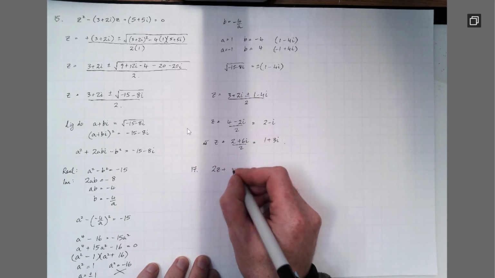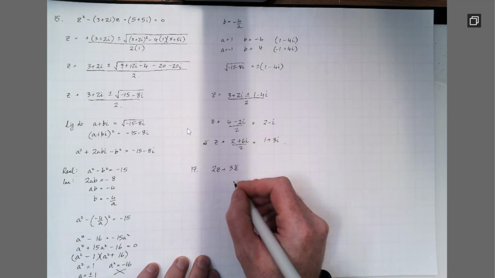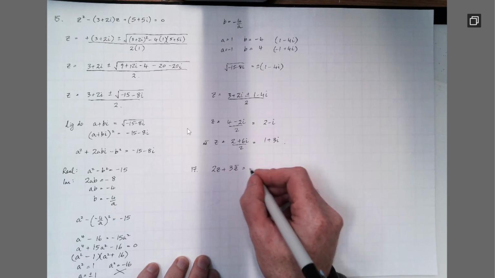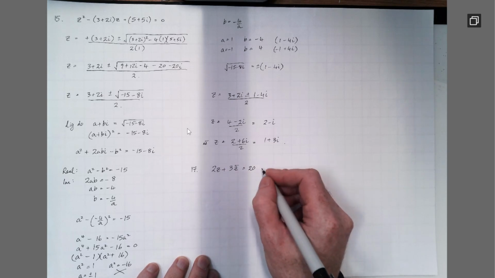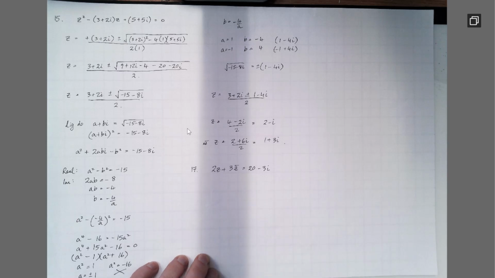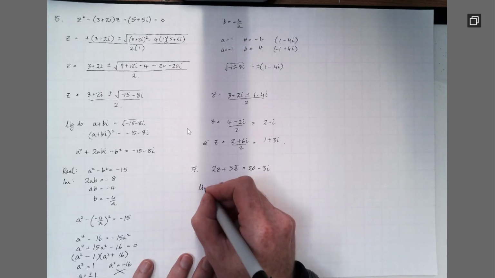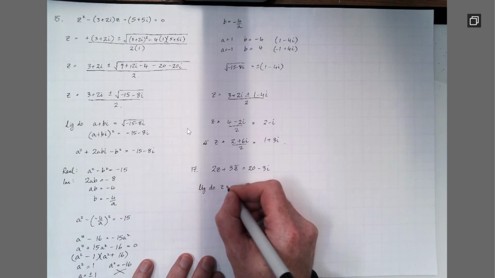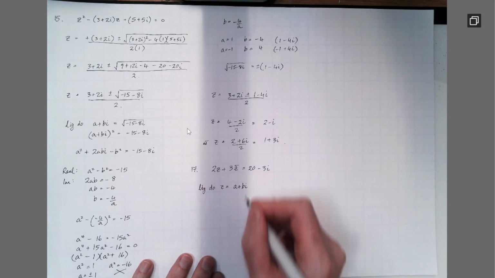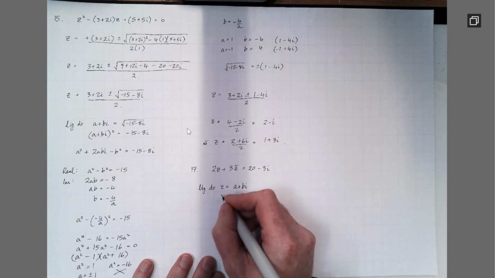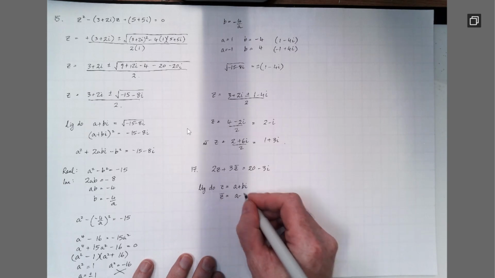Let z plus 3 z conjugate equal 5 minus 3i. Okay, and then we solve for it. So let z equal a plus bi, so z conjugate equals a minus bi.